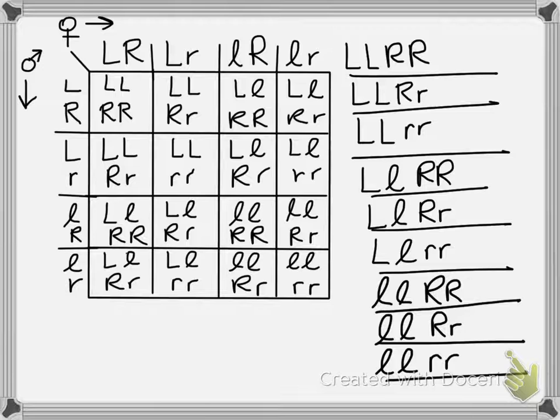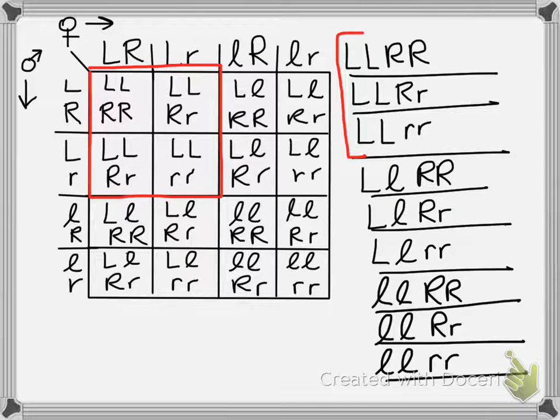So here's the pattern I want to talk about. If you notice carefully, where do you find all of the genotypes that have big L, big L? Oh, look at that. They're all up in those 4 blocks. That simplifies life.